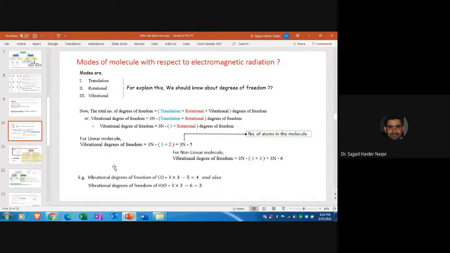Similarly, for water, it comes out to be 3. That shows that every molecule has a different vibrational degree of freedom that can be calculated using these mathematical transformations. So I'm going to stop here, and I'll open up for questions.